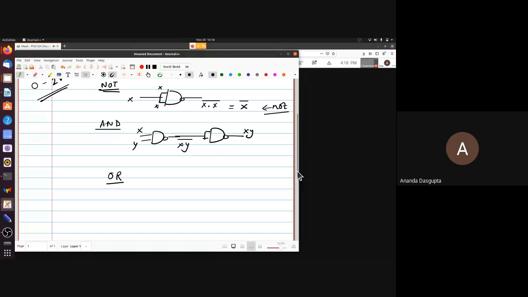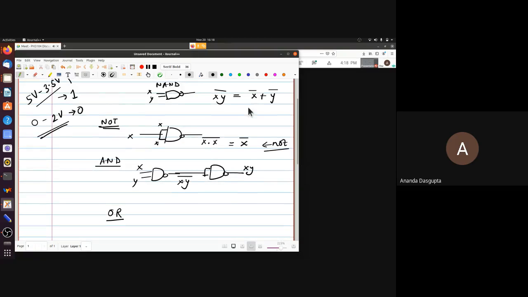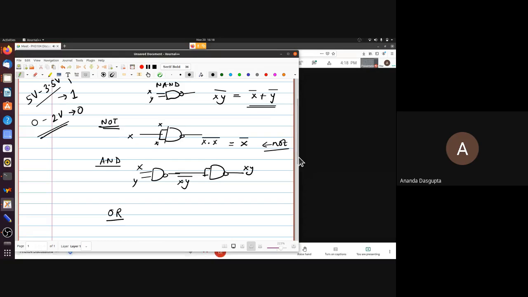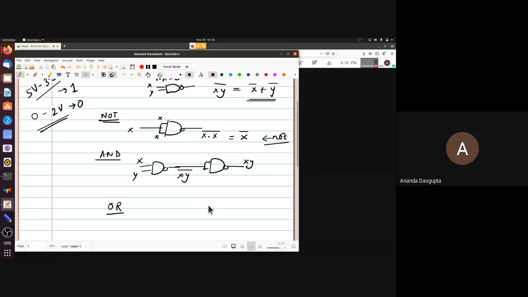And finally, how do you get an OR? Well, for that, the other version of the NAND is useful. That NAND actually produces x bar or y bar, which shows that if you gave a NAND gate the inputs x bar and y bar, the output will be x bar's complement plus y bar's complement, which is of course x plus y, x or y. Of course, when I say x plus y, I mean x or y.